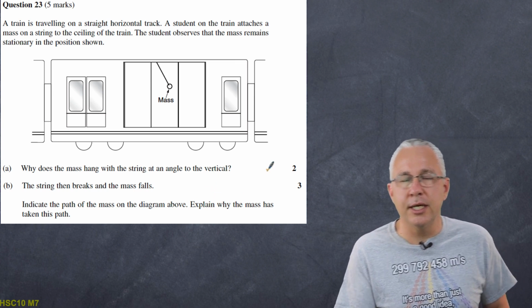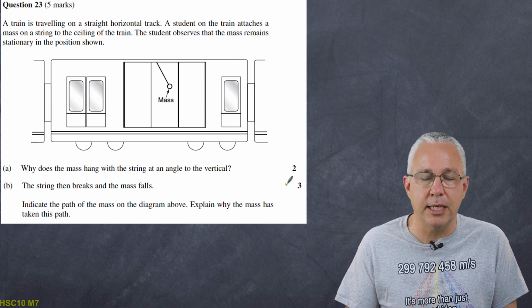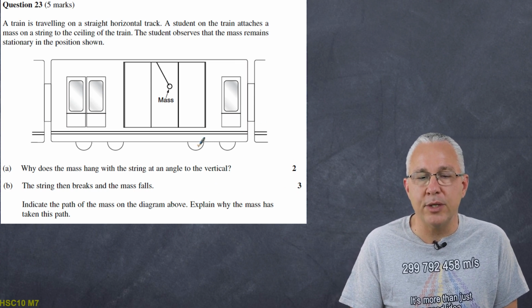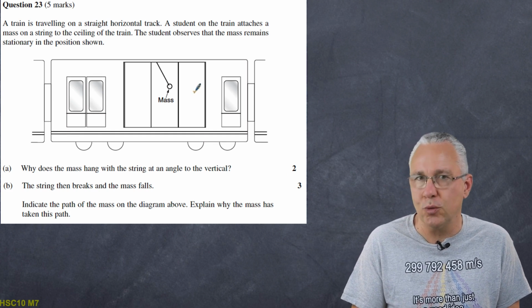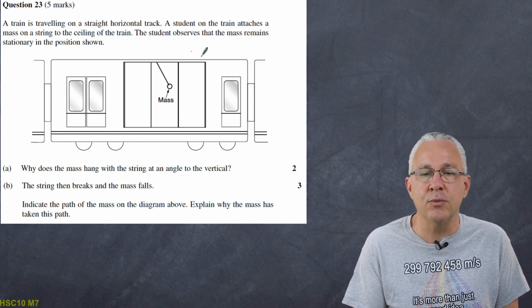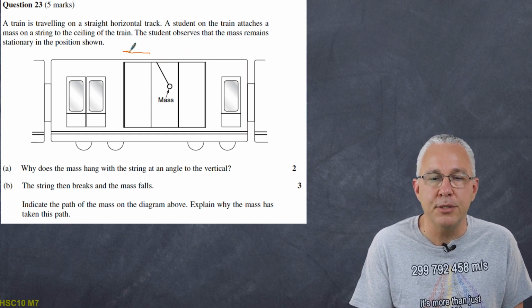Okay, so this is a twofold question and is actually a little bit more challenging as we go into the second part. Why does the mass hang with a string? Well, in this frame of reference we have a non-inertial frame of reference. This is a situation where the train is accelerating in that position.